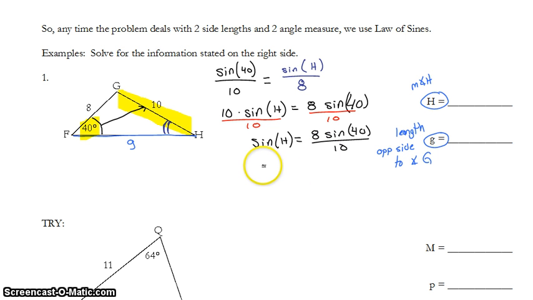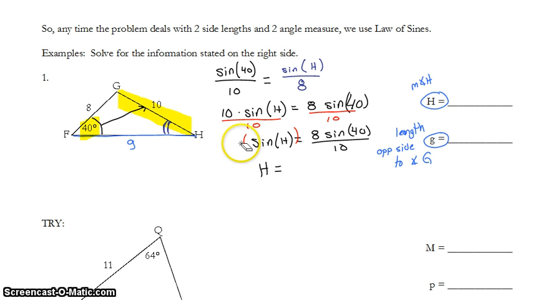We're real close now, but we're not quite ready to find the measure of angle h yet, because h isn't by itself. I still have the sine there. Remember from last chapter, that's when we use the inverse trig functions. So I have to take the sine inverse on the left. When I do that, sine inverse and sine cancel. That leaves me with h.